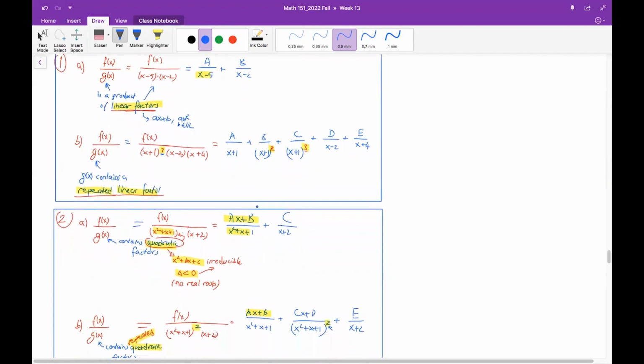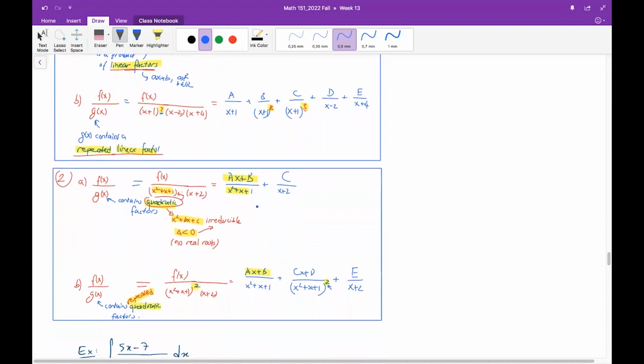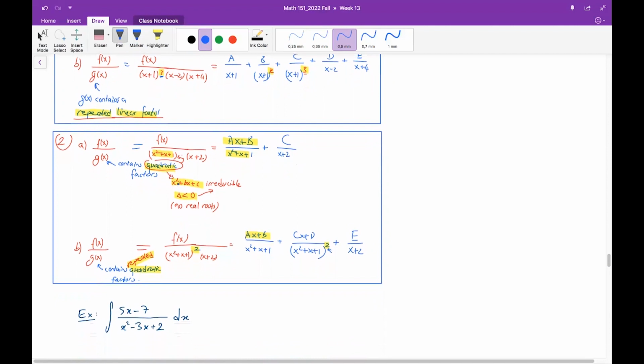Now let's look at the second case, where the denominator may contain quadratic factors. What does a quadratic factor mean? It is a polynomial of degree 2 which is irreducible.